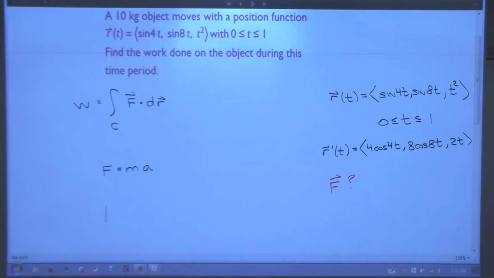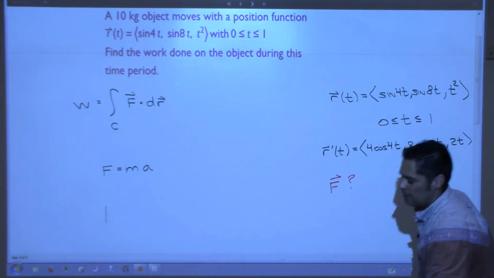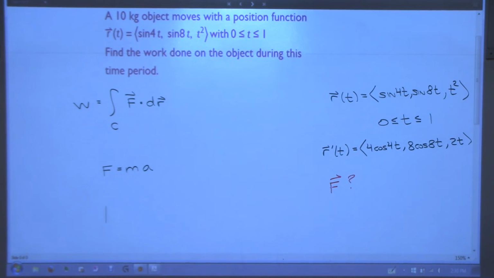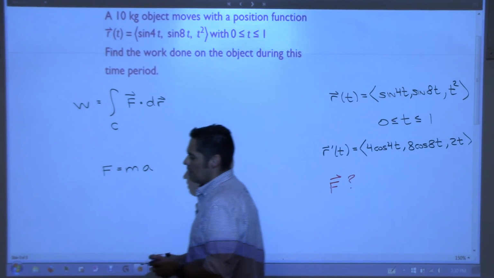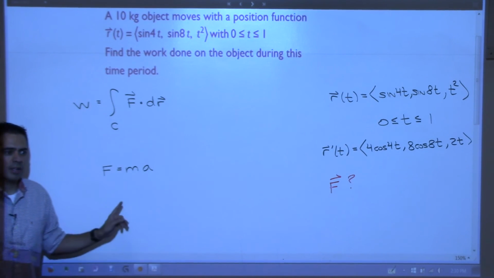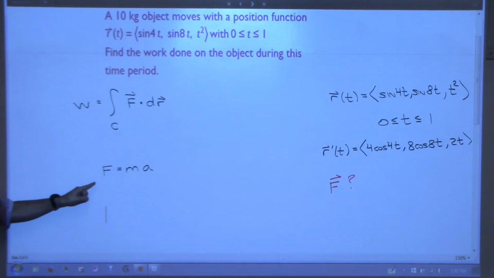You agree with that? When I say acceleration, it's the acceleration of the object, not the acceleration of gravity.